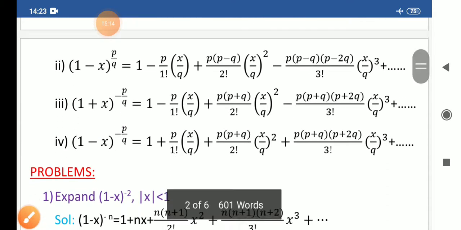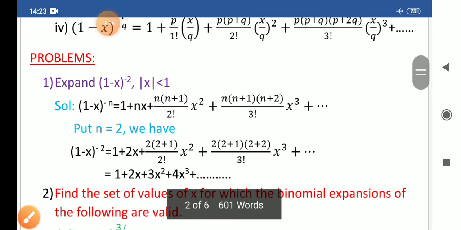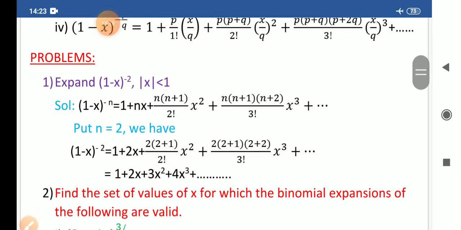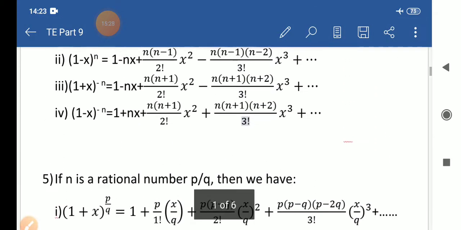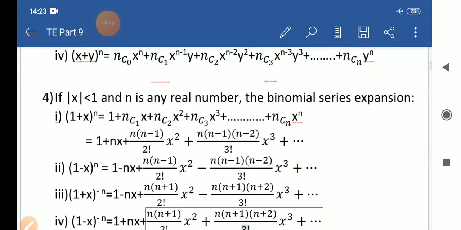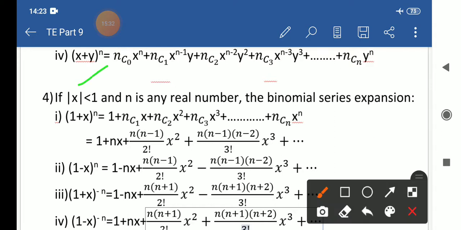Okay. Now see this example. Expand 1 minus x power minus 2 if modulus x less than 1. See this: if modulus x less than 1, 1 plus x whole power n exists.